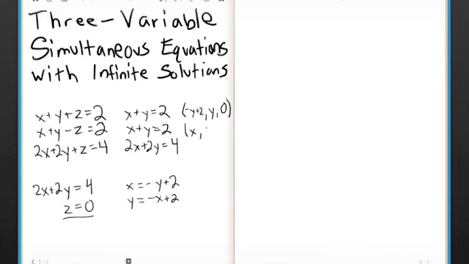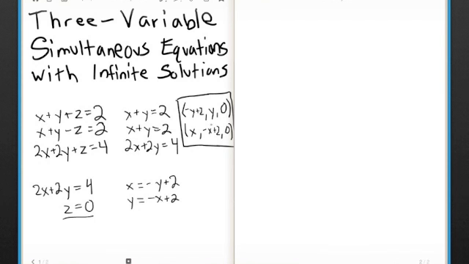So instead of just writing y, we'll write negative x plus 2, and we know that z is equal to 0. So either of these two pairs of solutions here is correct. x is always going to be negative y plus 2, and y is always going to be negative x plus 2. And z will always be 0.